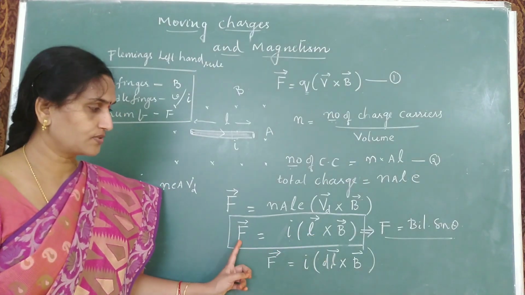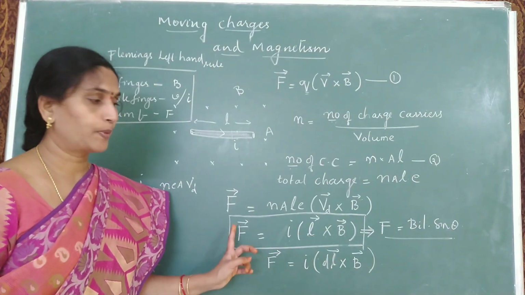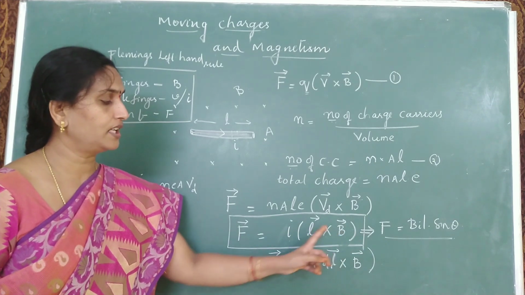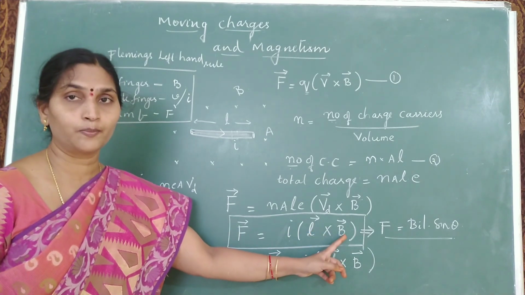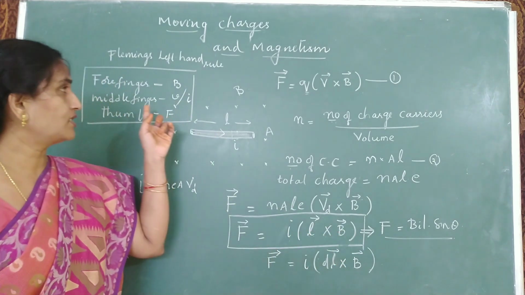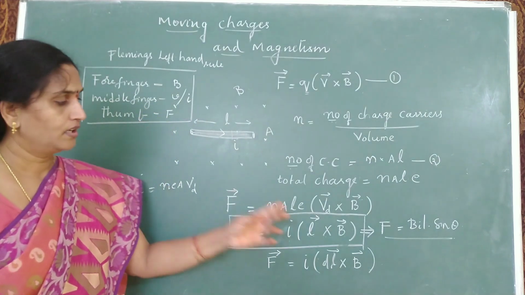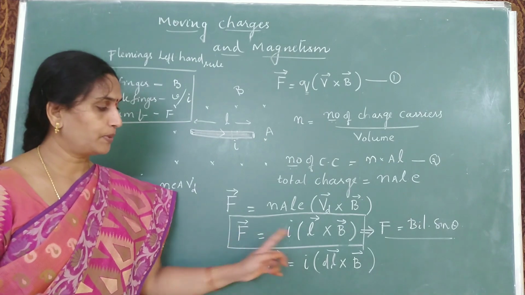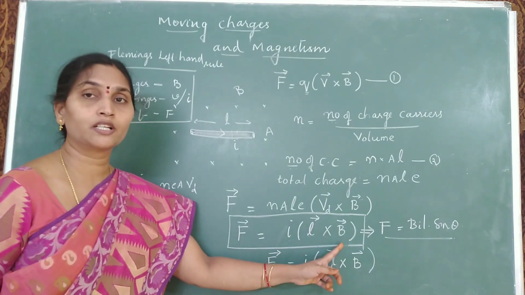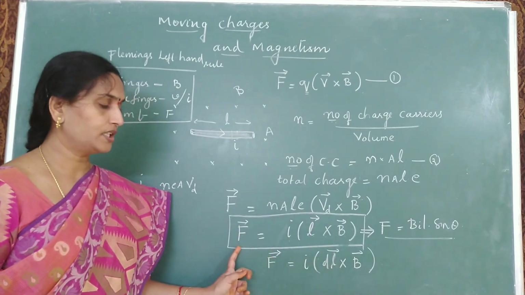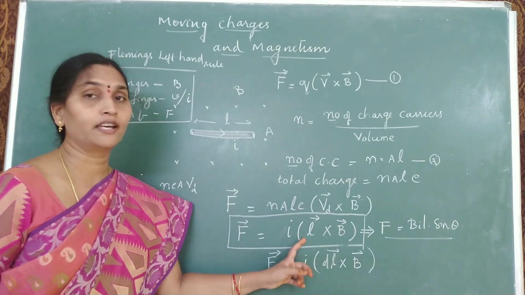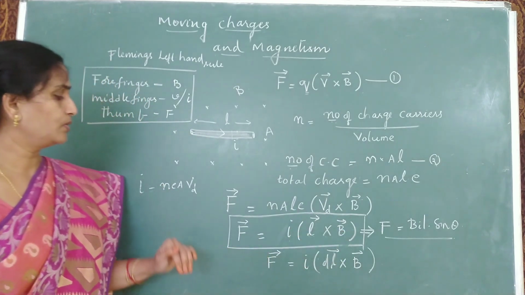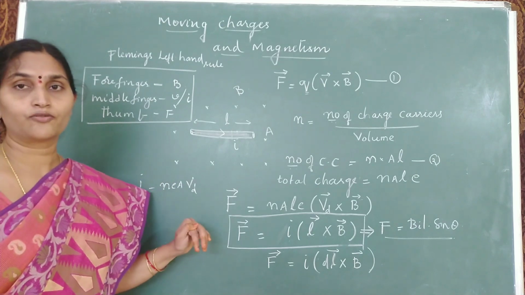We know the direction of this force should always be perpendicular to L and perpendicular to B, or perpendicular to the plane containing L and B. This is how you can identify the magnetic force.